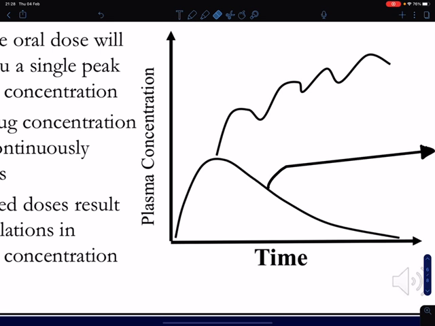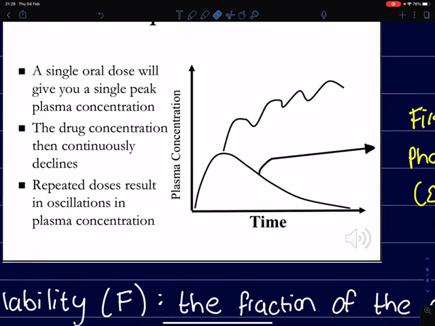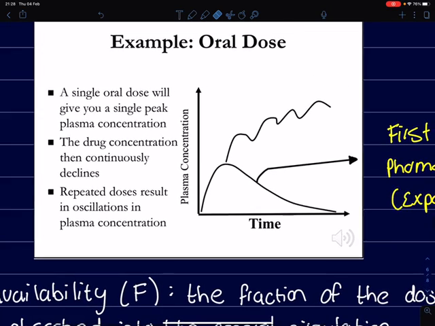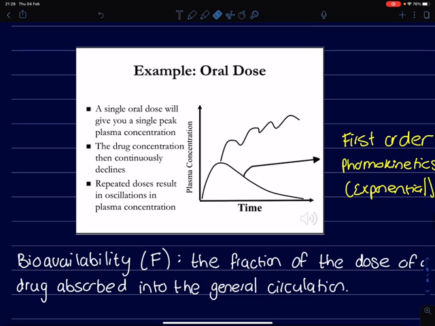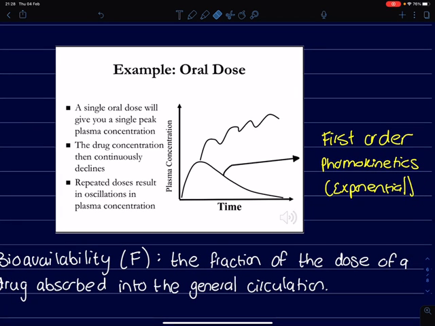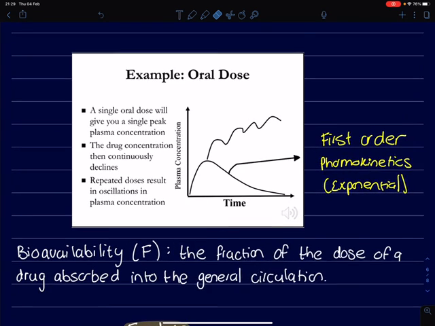So that's how one knows that it's oral. Also, one can see that it's first order, not zero order, because it goes down exponentially and not linearly. So we know it's first order pharmacokinetics.